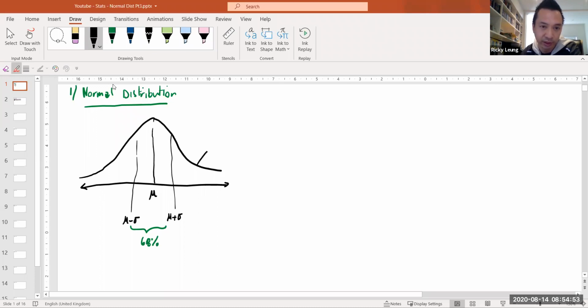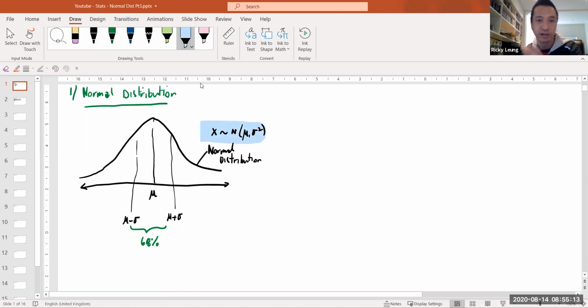So just to be clear there, that is a normal distribution. In fact, if they write X is normally distributed with mu and standard deviation, so variance, this guy here signifies that it is normal distribution, 68%.